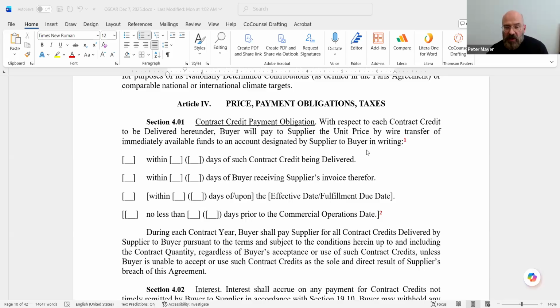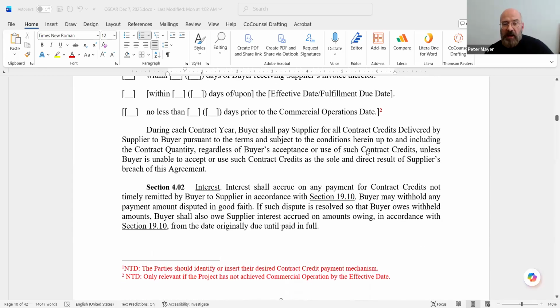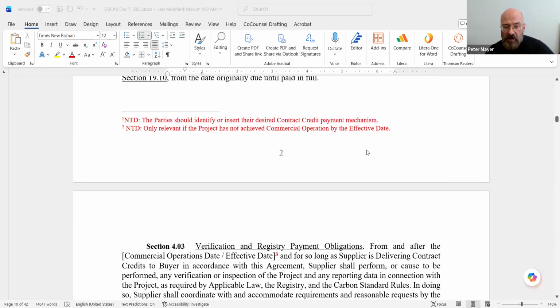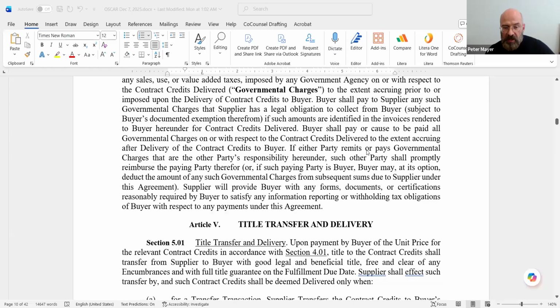But maybe there are scenarios where the project still needs to be developed and there is no commercial operation state. So what this clause does, it gives a few options. There may be other options depending on the scenario, depending on the individual circumstance. But I think this gives you a good idea how payment could be structured.